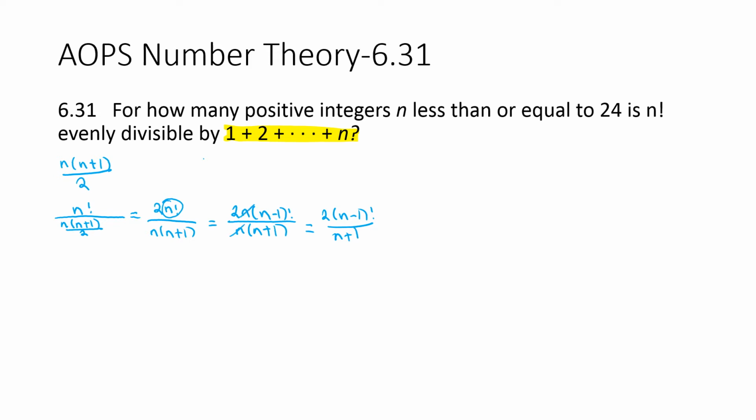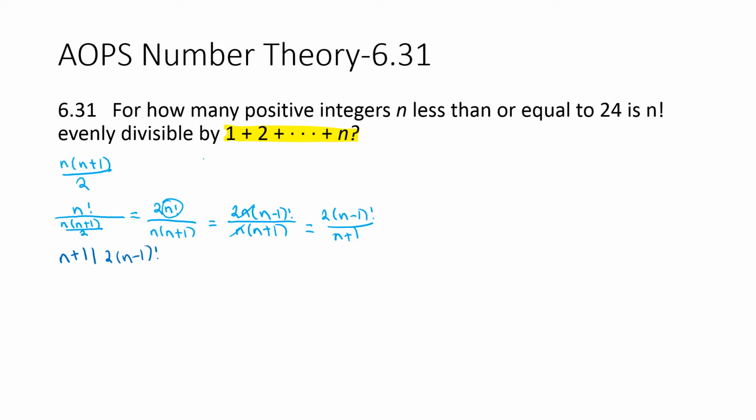So then we are looking for values where the n plus 1 at the bottom divides 2 times (n minus 1) factorial. So we first test the numbers. Of course, when n is equal to 1 it works.